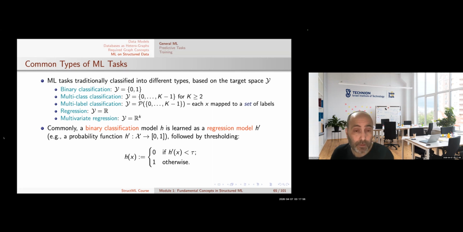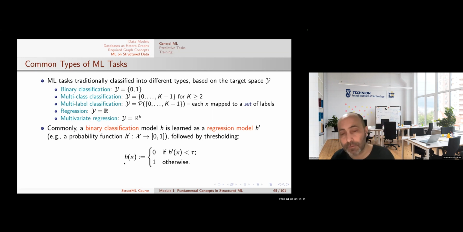Okay. Now, they are related. For example, a binary classification is typically learned by learning a regression model, H prime, which is, think of it as a probability or a score function on how likely X is to be classified as 1.